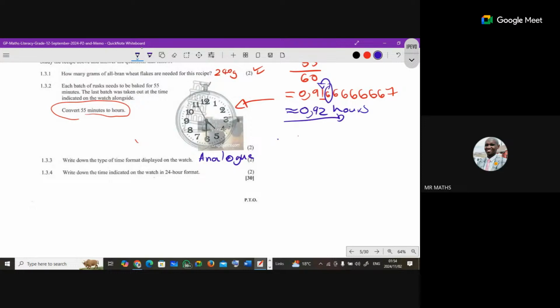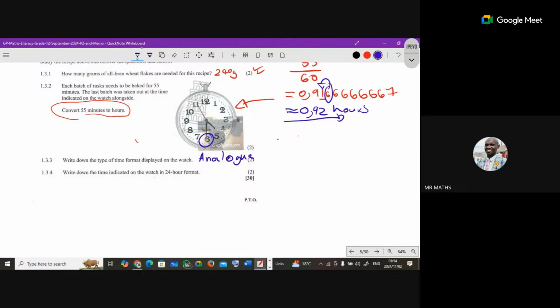The last one, write down the time indicated on the watch in 24-hour format. So when they mean 24-hour format, it's digital time. So now what is the time indicated here? We have the longer pointer and the shorter pointer.